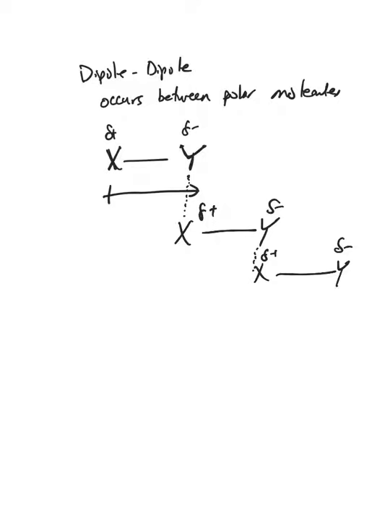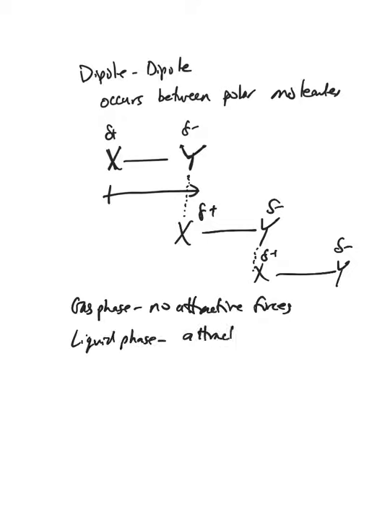In the gas phase, there are no attractive forces. In the liquid phase, we do have these attractive forces. They keep the molecules in this condensed state, but the molecules are free to move about.